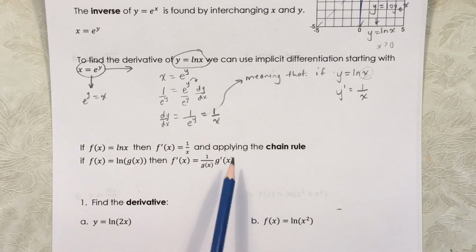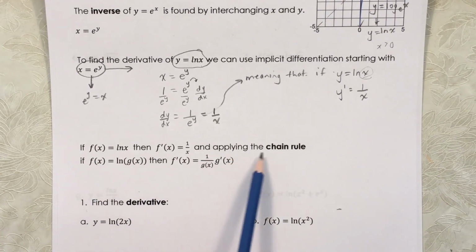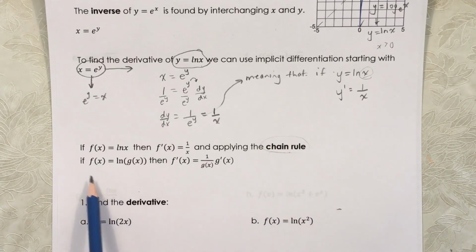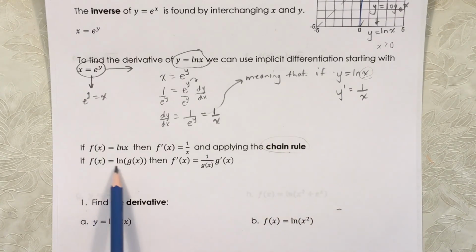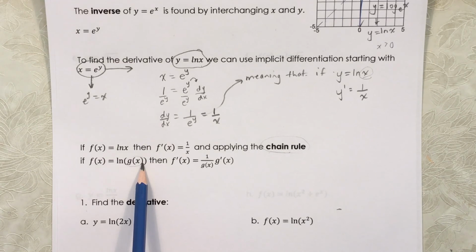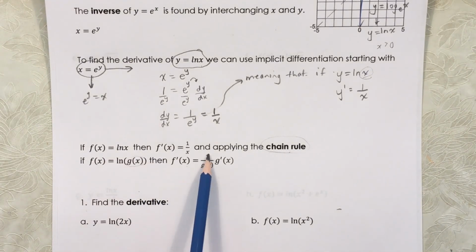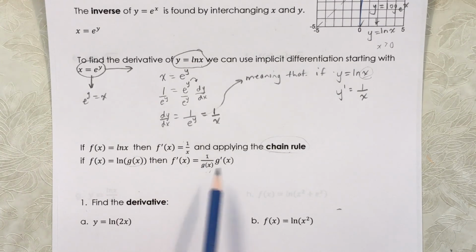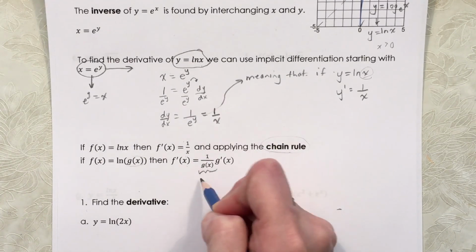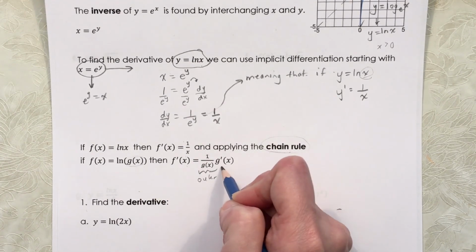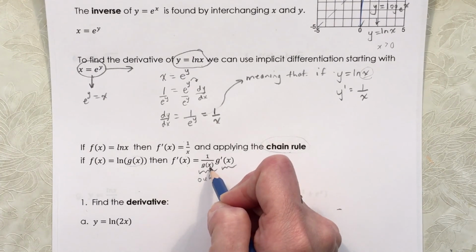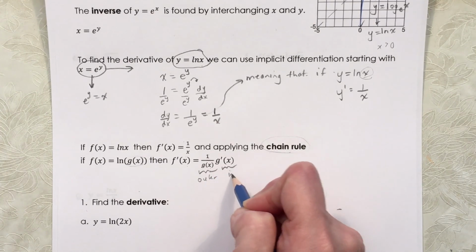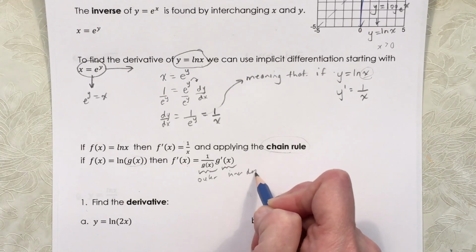And so I've got that written here for you, but if you apply the chain rule, if we're finding the derivative of the ln of a function of x, then f prime at x is going to be 1 over that function of x, so like the 1 over x, but 1 over that function of x, and that's going to be your outer derivative, multiplied by the derivative of g at x, which is your inner derivative.